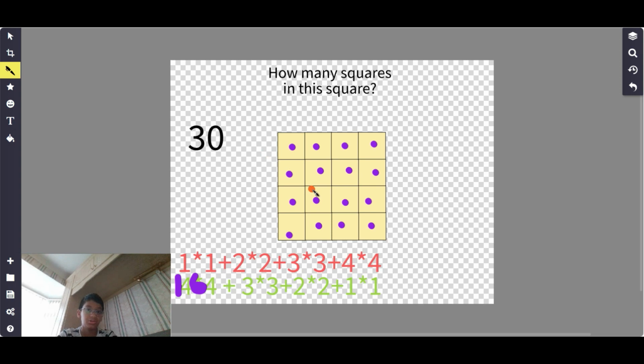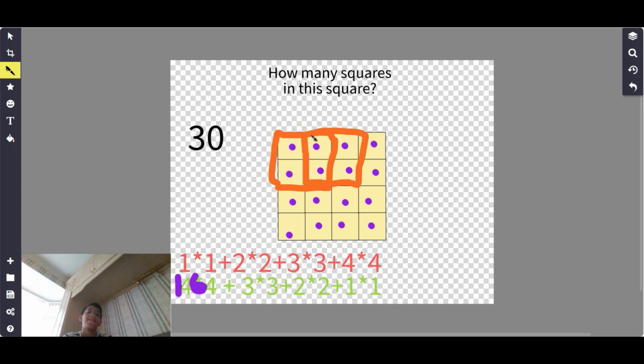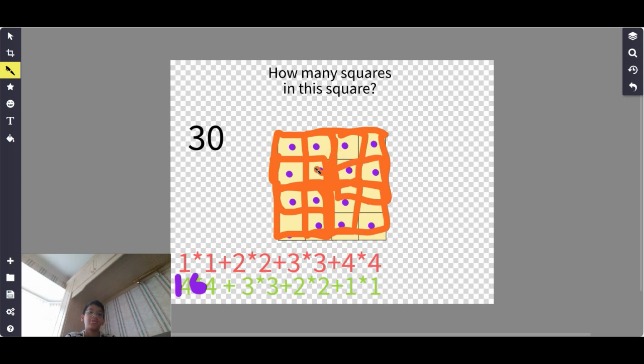There's a 1 here, then a 2, then a 3, then a 4, 5, 6, 7, 8, and that's 9, which is the same as 3 times 3.